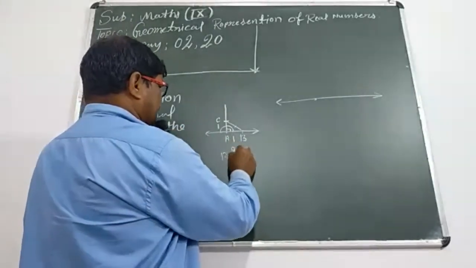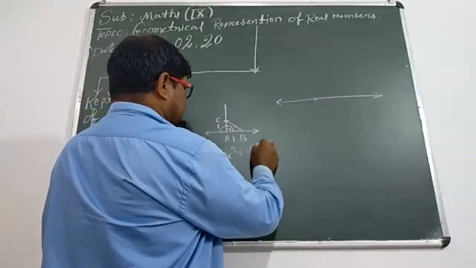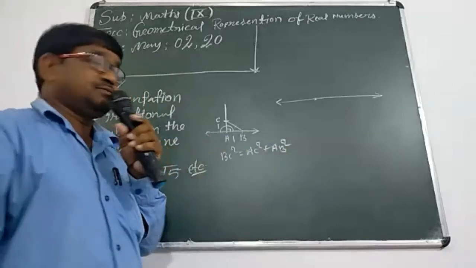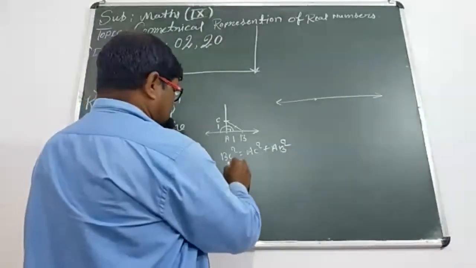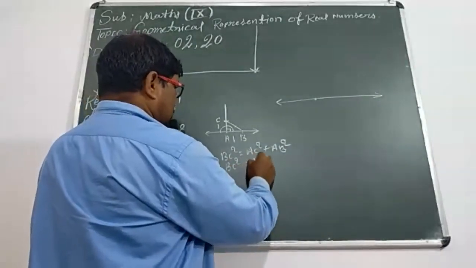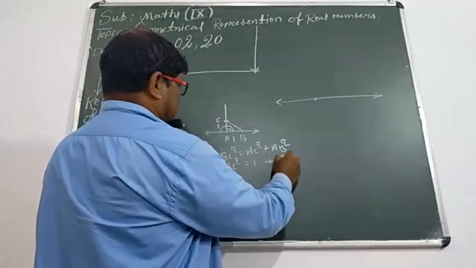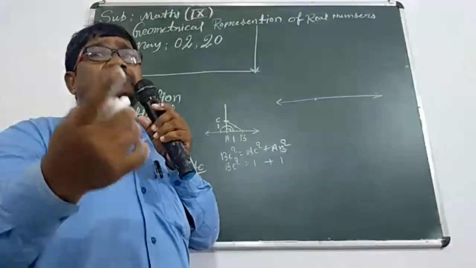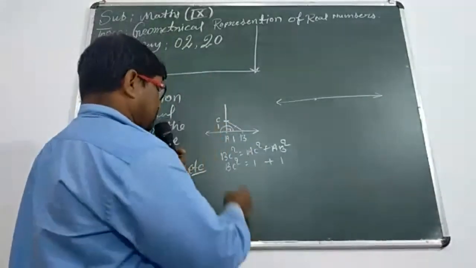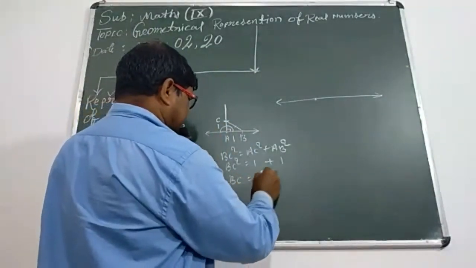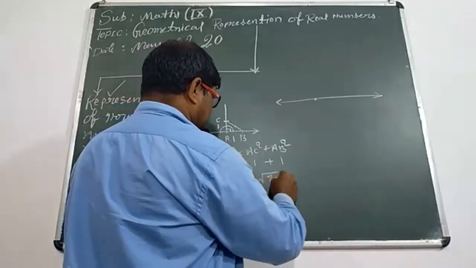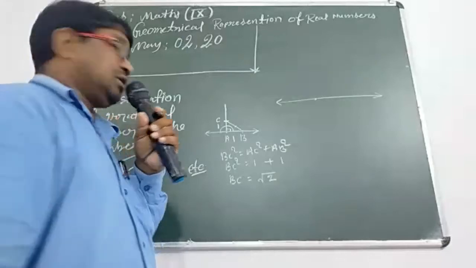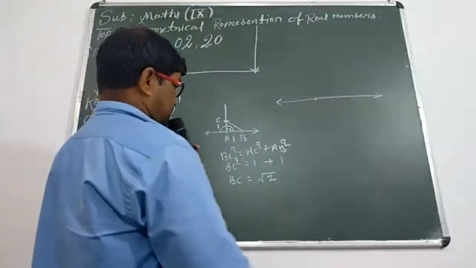Here BC square equal to AC square plus AB square. Do you know? So BC square equal to 1 square means 1, and 1 square means 1, because both measuring 1 unit. Now student, BC equal to under root 2. Do you know? BC equal to under root 2.